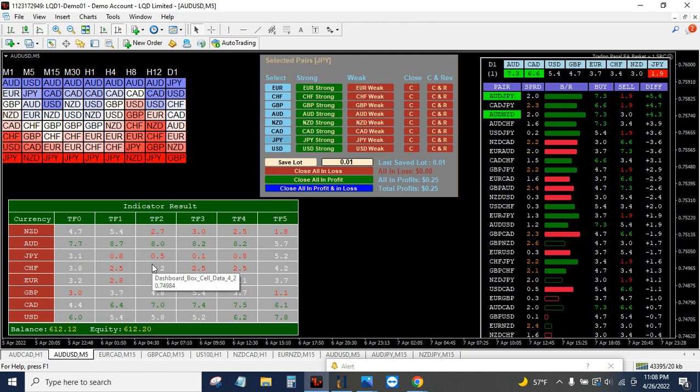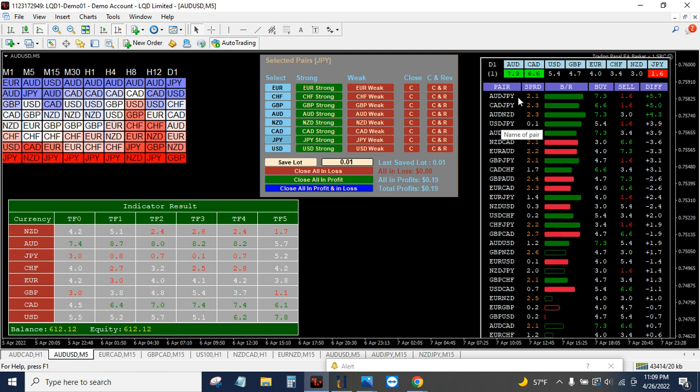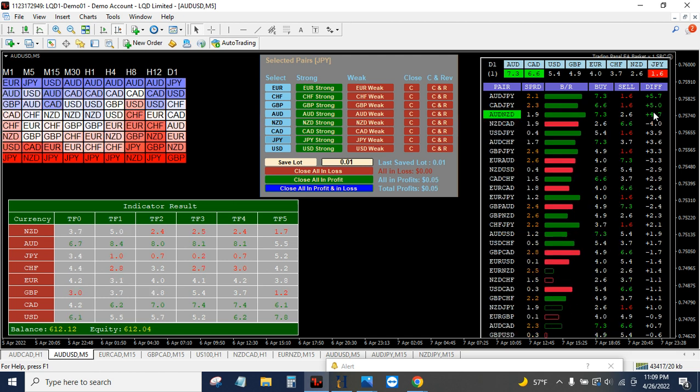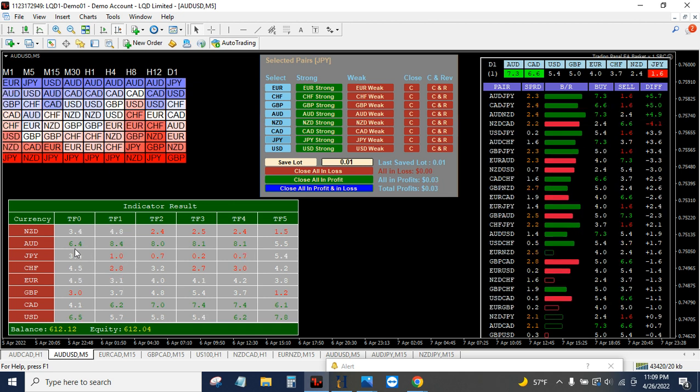If you look at this, Aussie is strong and CAD is strong, so the criteria are different. But both of them can buy yen, because if you look right here at Canadian yen, 5.0 or better, the criteria was met here, and here too.